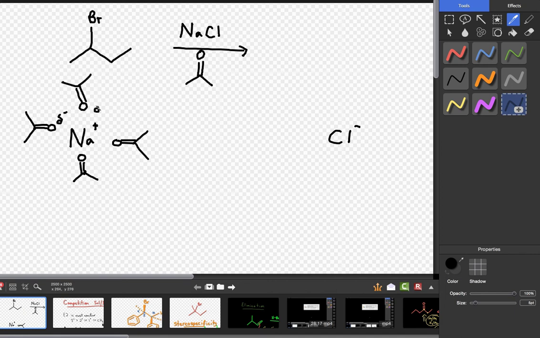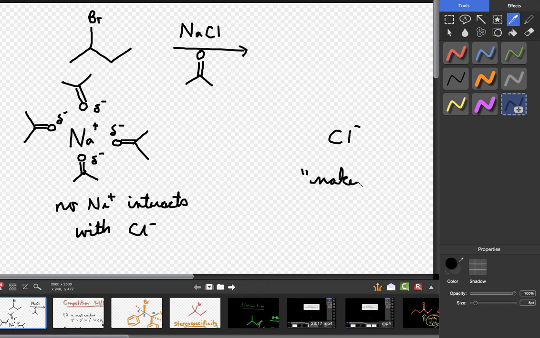All of these oxygen atoms have a partial negative charge. And so no Na plus interacts with Cl minus. This means this Cl minus is free to act as a nucleophile. We call this a naked nucleophile.